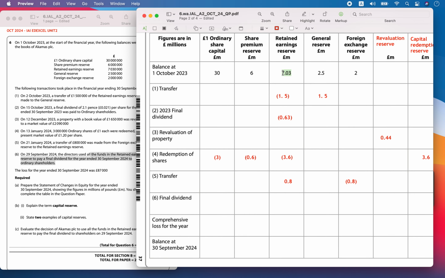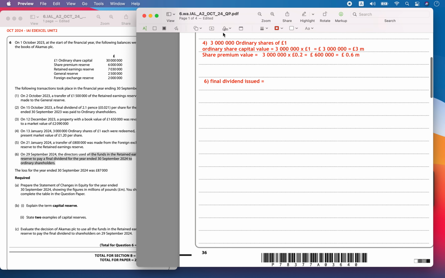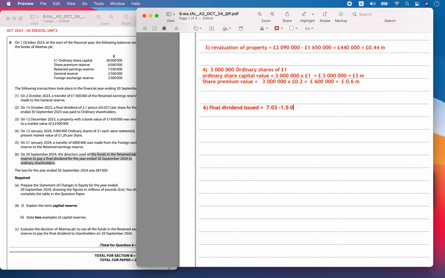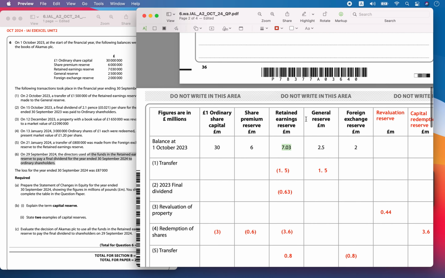So let's calculate that. At the beginning they had 7.03, so 7.03 minus 1.5, minus 0.63.